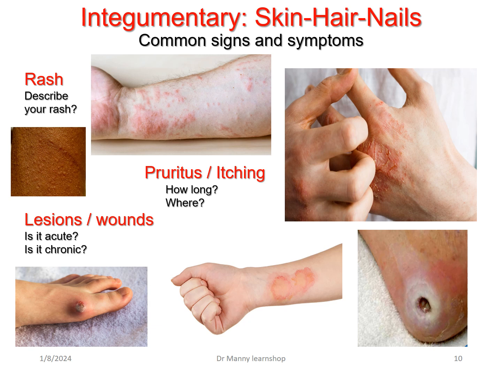But in order to identify them, you've got to be aware of what is normal. If there is a rash, you should be able to describe the rash. If there are lesions, are they acute or are they chronic? If there's itching, how long has this been going on and where exactly is the itching?